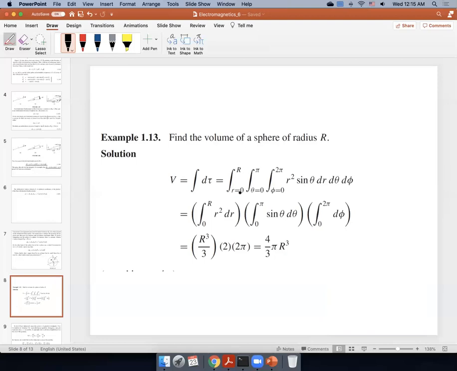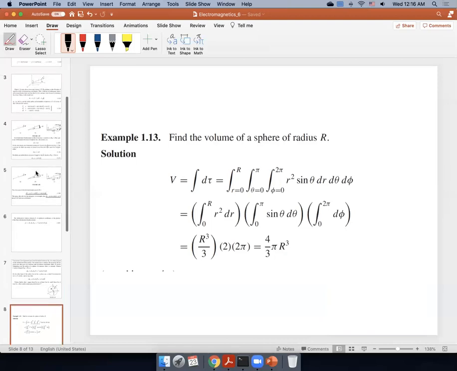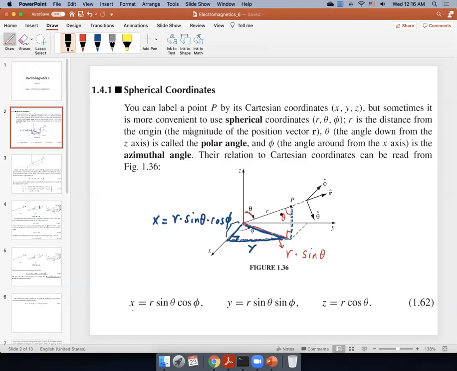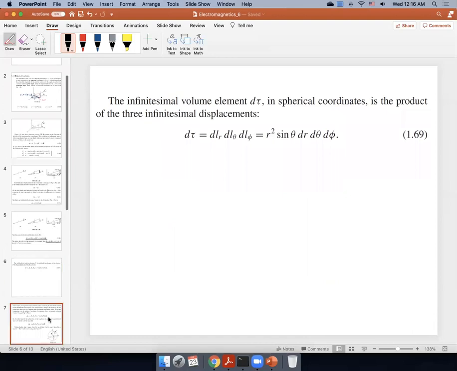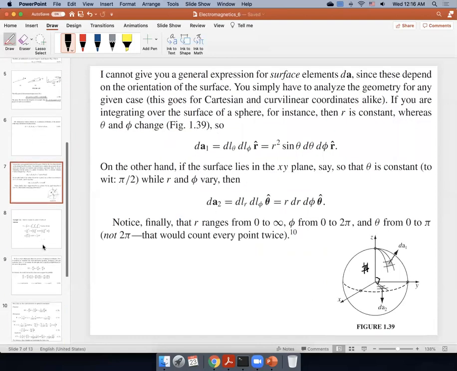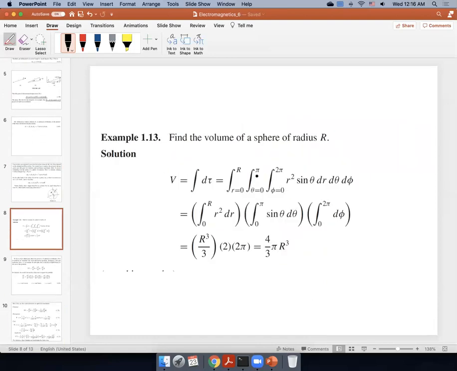And r should be from 0 to capital R because the radius is R. Theta is from 0 to pi, phi is from 0 to 2 pi, as we described the range of theta and phi in this figure. So the range is simply 0 to pi for theta, and 0 to 2 pi for phi.